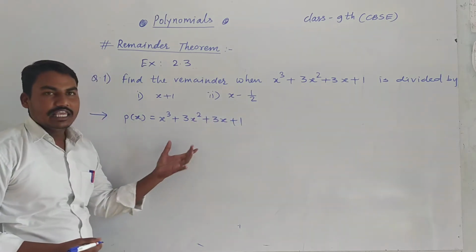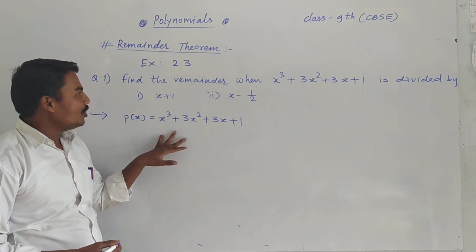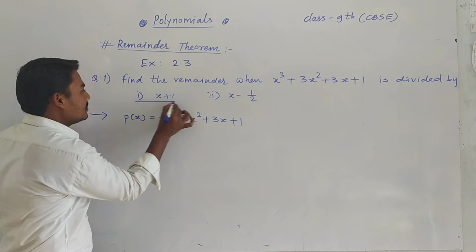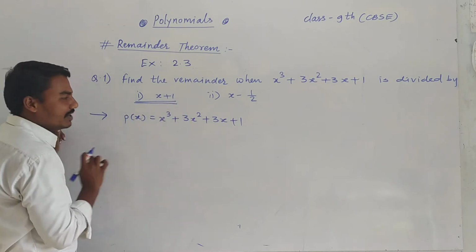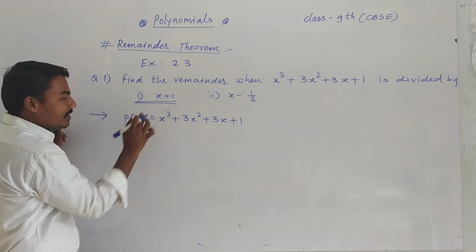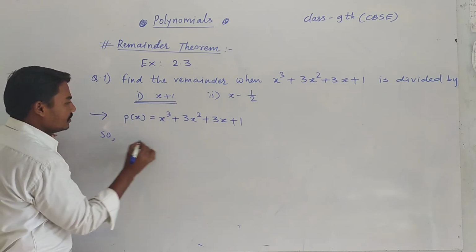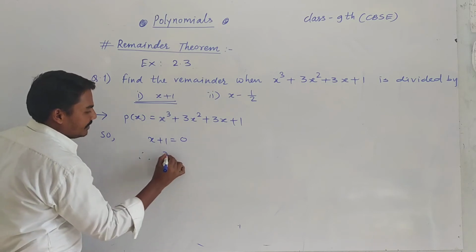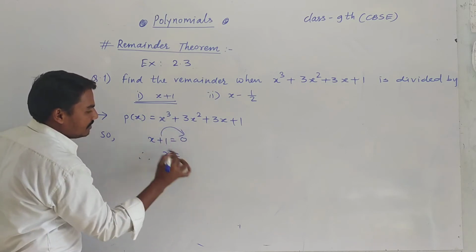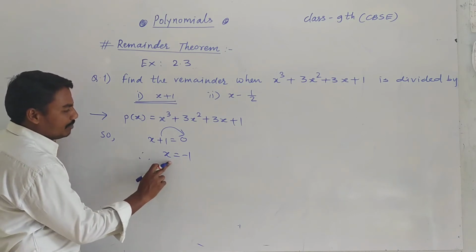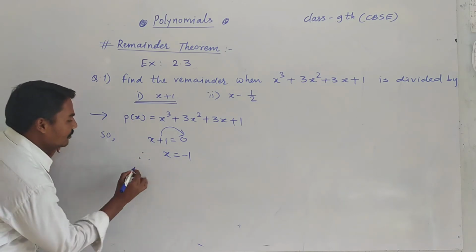It is our given polynomial, and this polynomial is divided first by x plus 1. It is a linear polynomial, so I want to calculate its zero. x plus 1 is equal to 0, so x is equal to minus 1. This zero is put in our real polynomial.